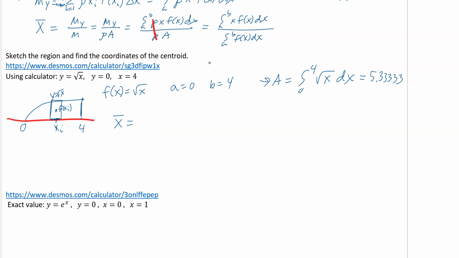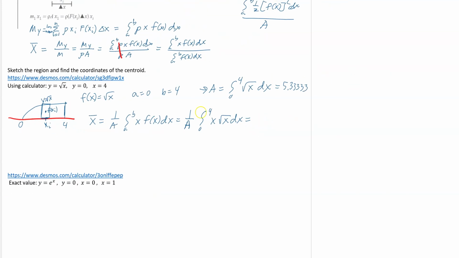It's a delay on my eraser. So it's 1 over A, integral from a to b, x f of x dx. So I like to put the 1 over A at the end because you've already got it entered in the calculator. You can just grab it. So it's 0 to 4 x radical x dx. And now we can calculate that in our calculator.